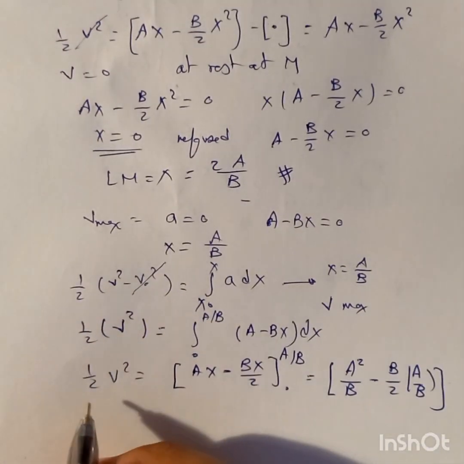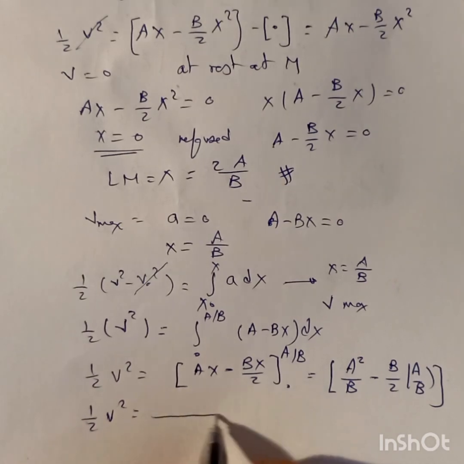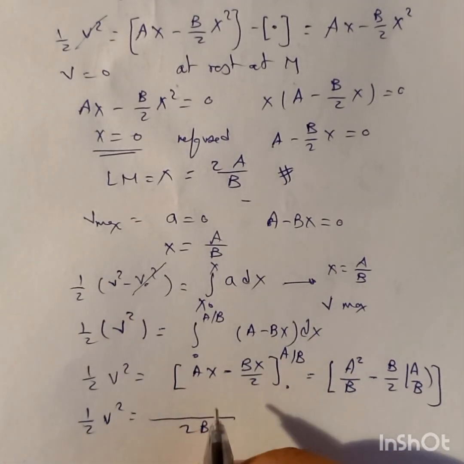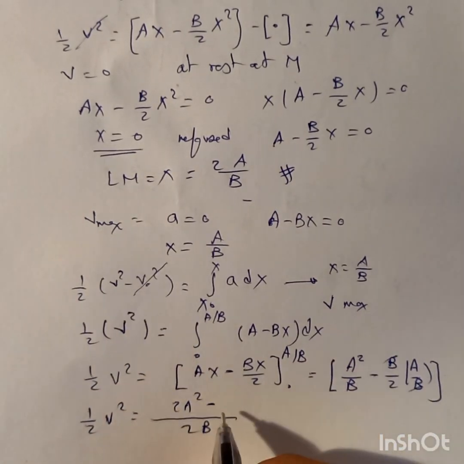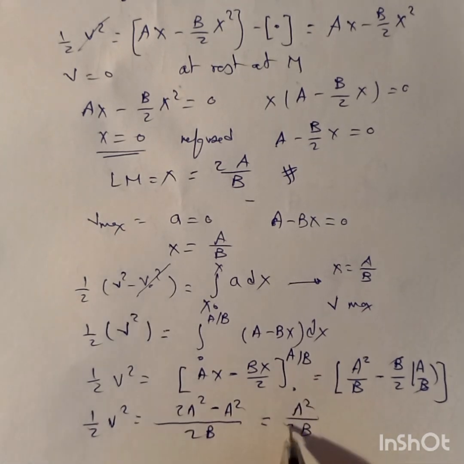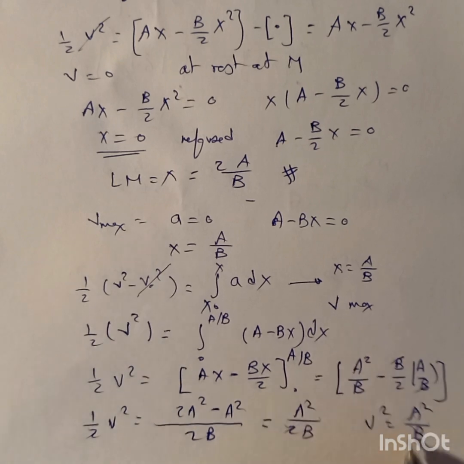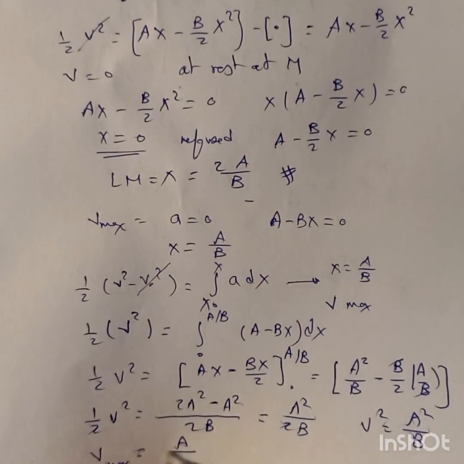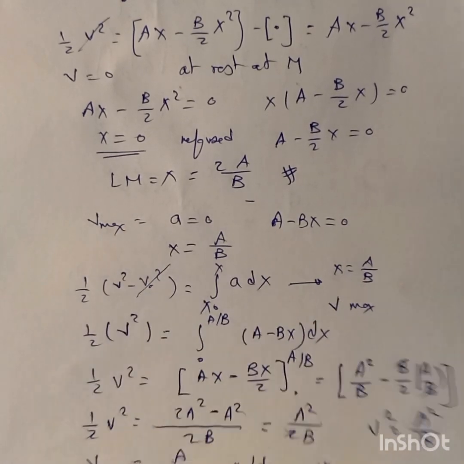Then we have half v square equals, we can take common 2b, 2a square minus a square, then a square over 2b. Then v square equals a square over b. Then v maximum equals a divided by root b meter per second, and this is required to find.